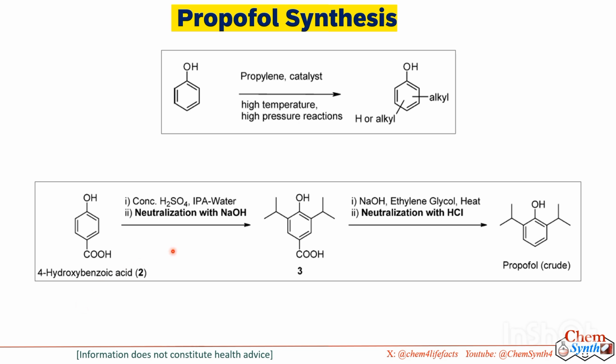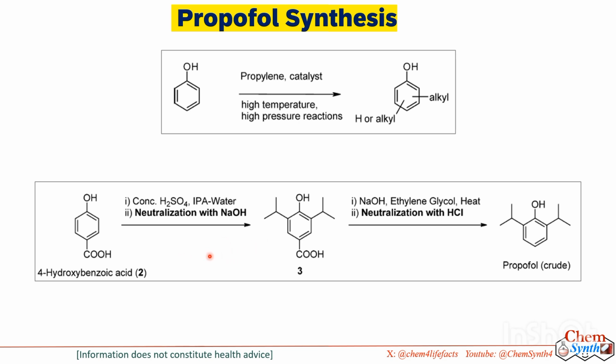So here, instead of using propylene gas as the isopropyl source, isopropanol can be used in presence of concentrated sulfuric acid for this alkylation reaction.